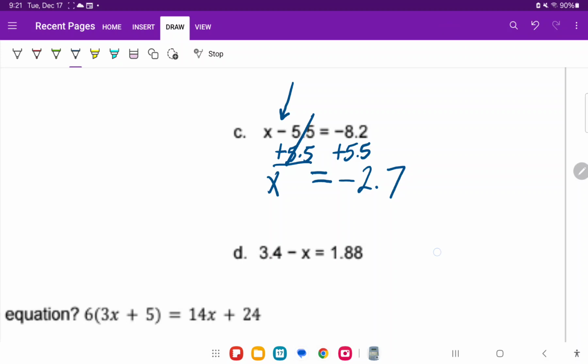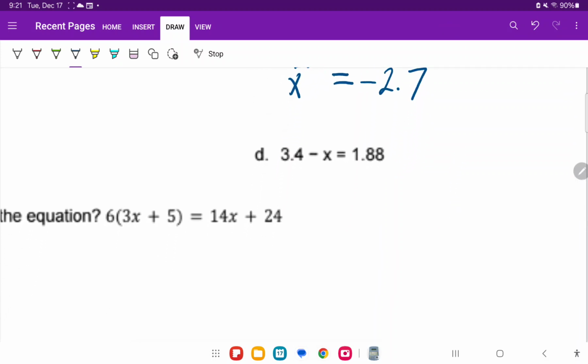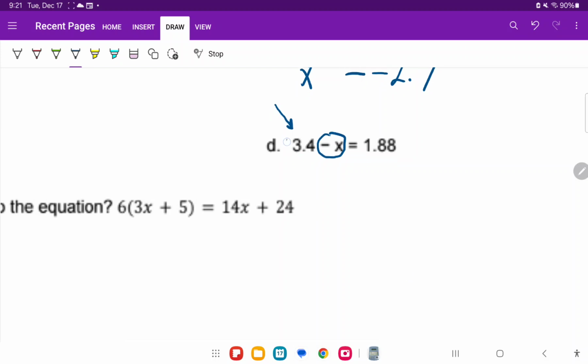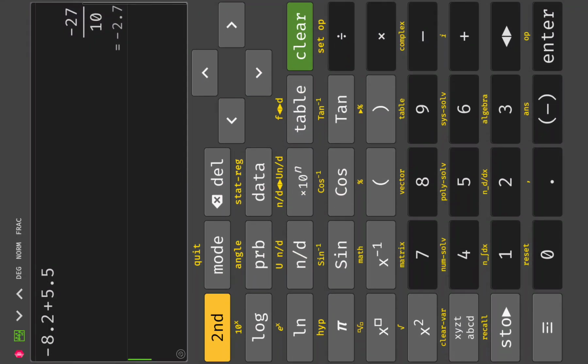All right, so then on letter D, now, our goal is to get the negative x, or the x all by itself, so we have to deal with this right here. Now remember, when it's not written, there's a plus in front of that. So the opposite of that is to subtract 3.4. So that is going to be 1.8 minus 3.4.